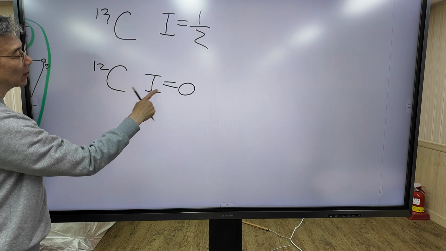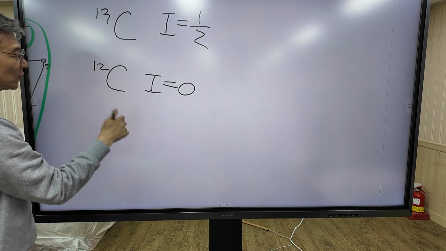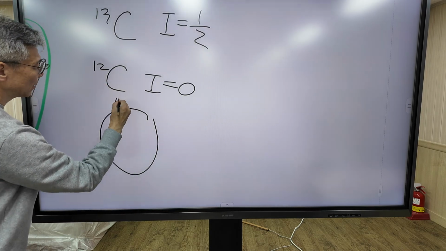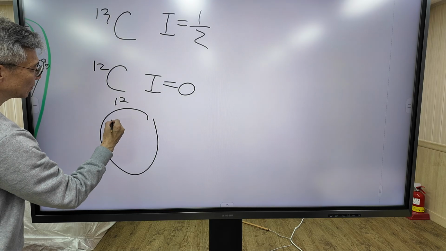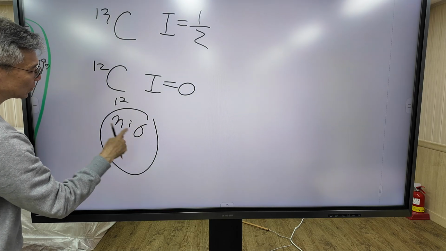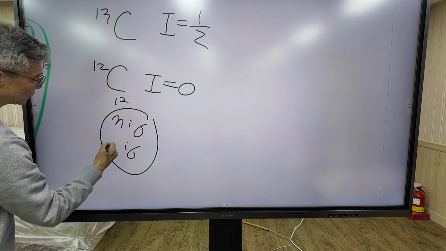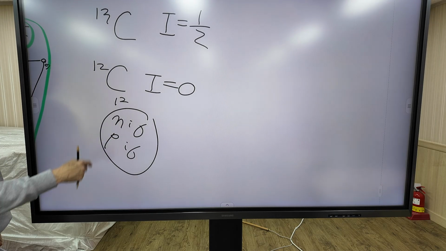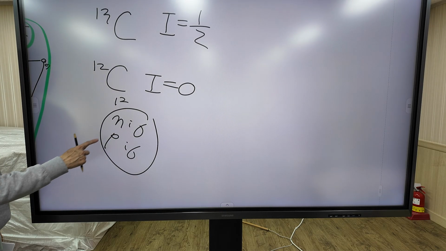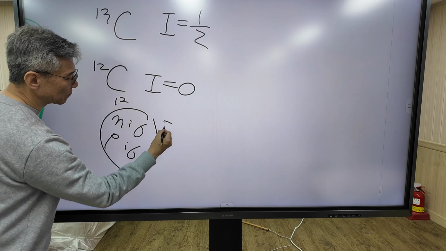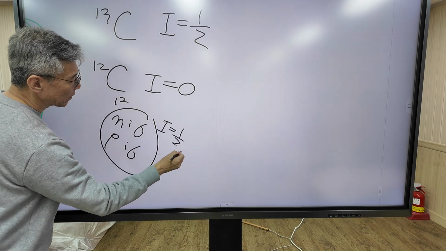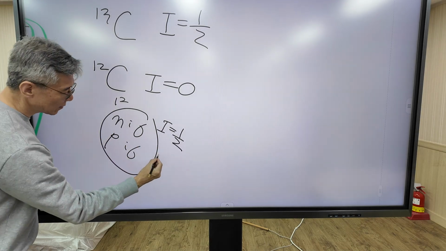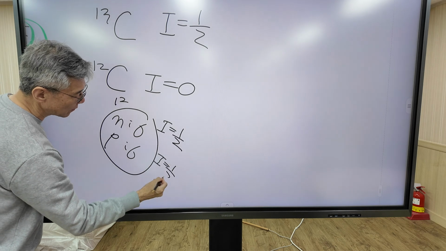Why is I equal to 0 for carbon 12? The nucleus of carbon 12 is composed of 6 neutrons and 6 protons. The quantum number of a neutron is 1/2, and the quantum number of a proton is also 1/2.